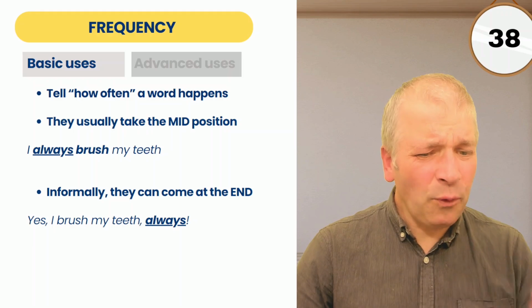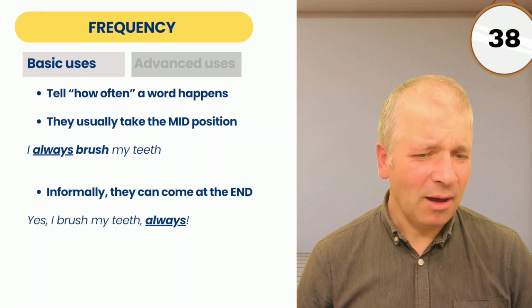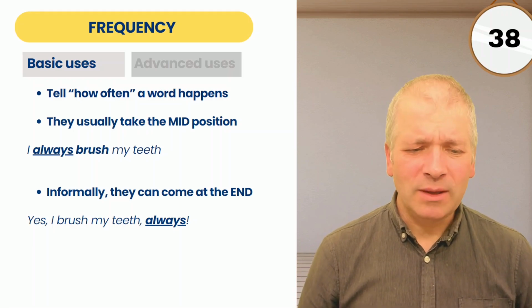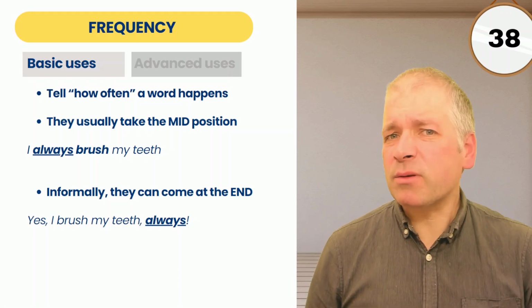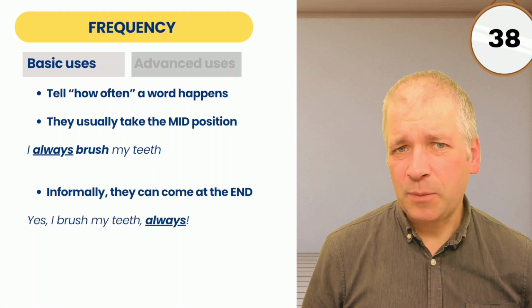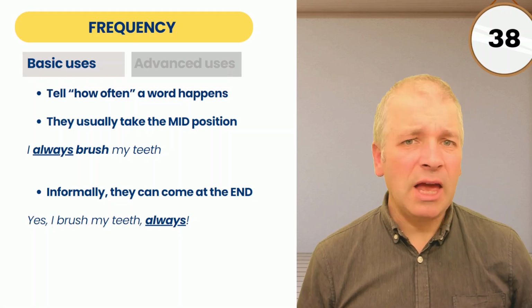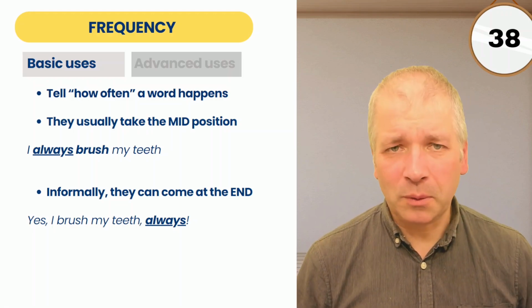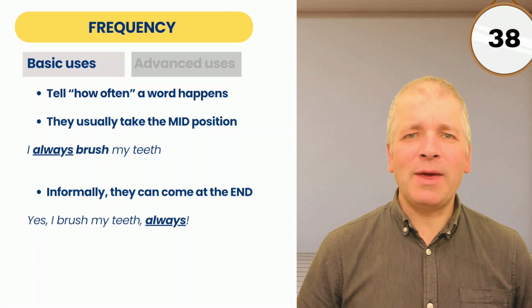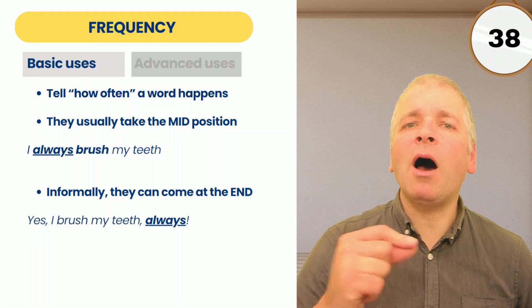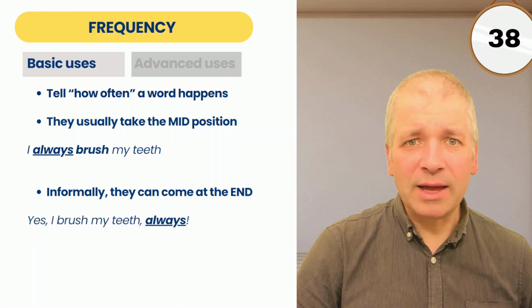In informal situations, they can come at the end too. Yes, I brush my teeth always. It's not something you'll see in formal situations, but you can do that if you are speaking in a casual manner. Remember, of course, with the verb to be, that the adverb, again, needs to come after the verb to be instead.